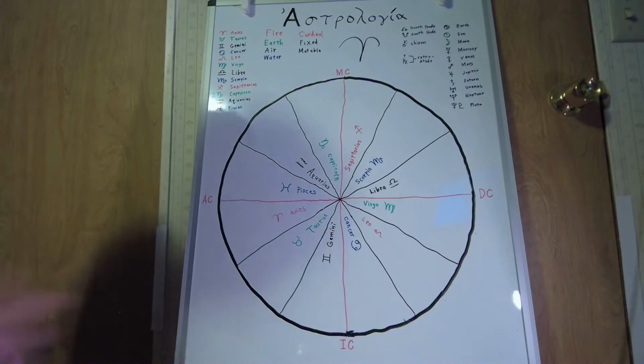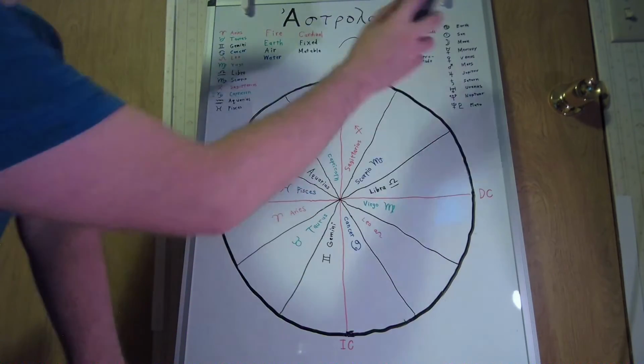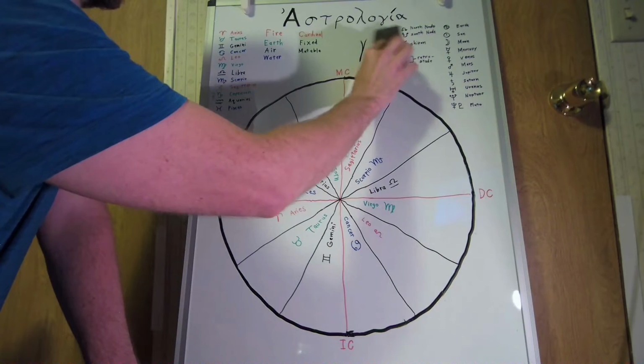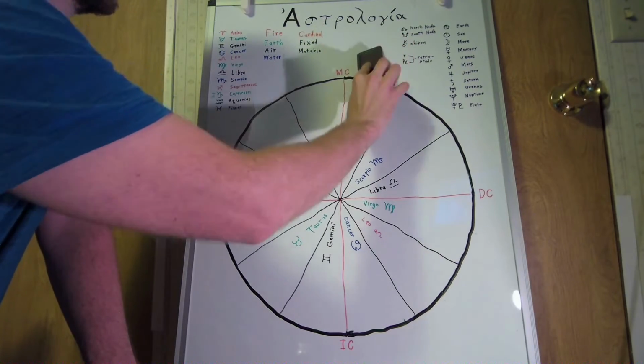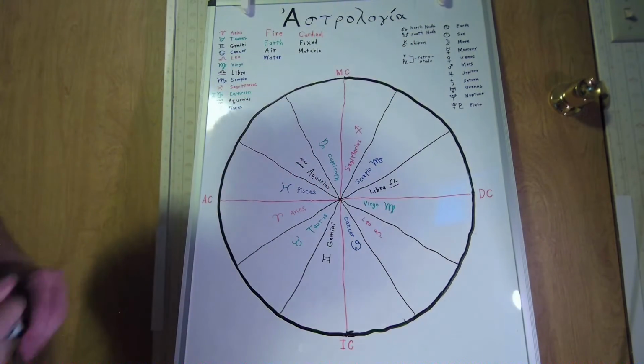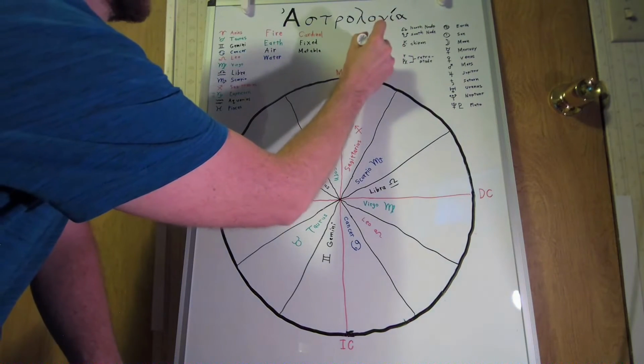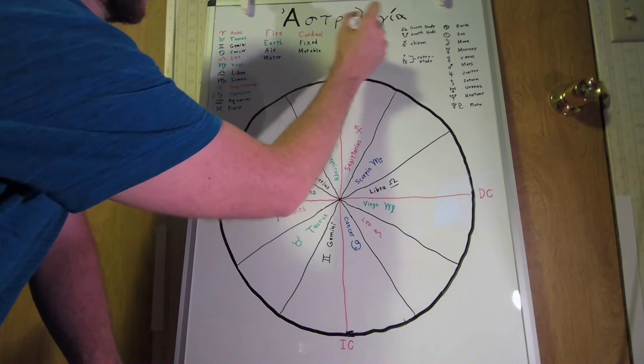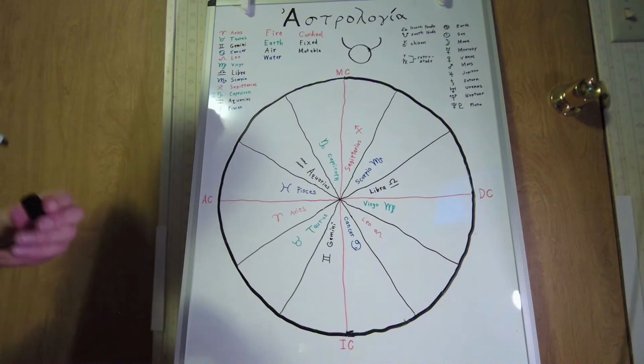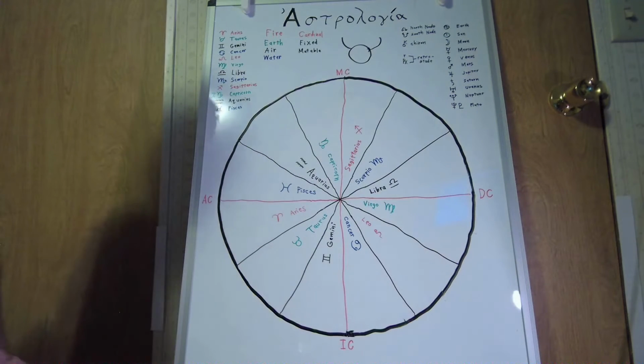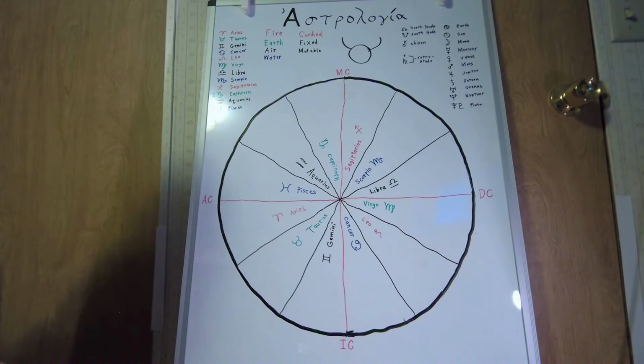Next, let's go to Taurus. Taurus the bull. It is a fixed earth. So it's practical and realistic, and it's resistant to change.